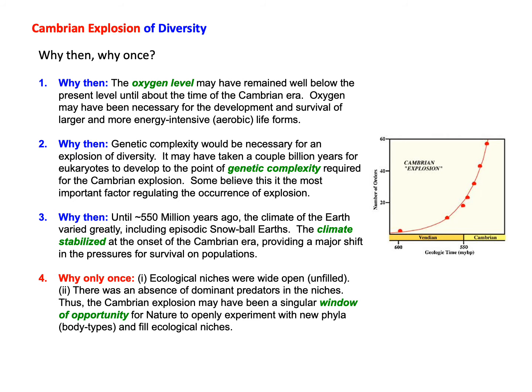And so at that point in time, all these niches were open and there was nobody there already to take them or to come in and eat you up or do whatever. And so the lack of dominant predators, I don't mean T-Rexes, they didn't exist yet for another 100, 200 million years. We're talking about just basically these little microbial things in different ecological niches, and that they were open.